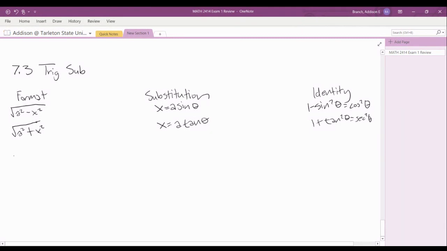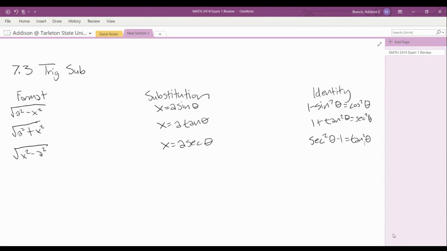And our last main format that we'll be looking at is x squared minus a squared. In here we can say that x is equal to a times secant of theta, and secant squared of theta minus 1 is equal to tangent squared.